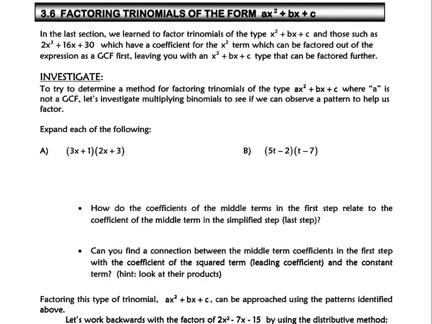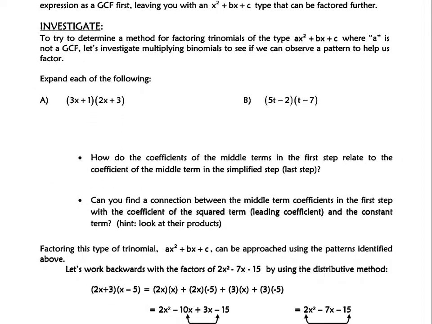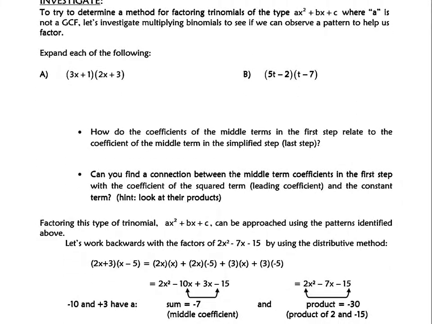So if we look at expanding two binomial factors again, multiplying them out, we would have, for example, the first one here, 3x times 2x is 6x squared. And then the 3x times the 3 is 9x.